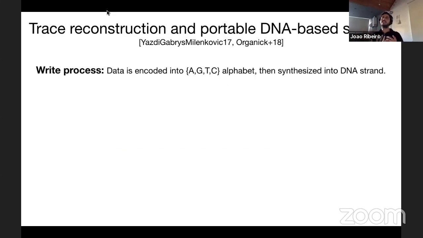And like I said, there is a new motivation for trace reconstruction beyond this multiple sequence alignment that we already discussed. This comes from what's called portable DNA-based data storage. This was first introduced by Yazdi, Gabrys, and Milenkovic, and then later on by Organick et al.